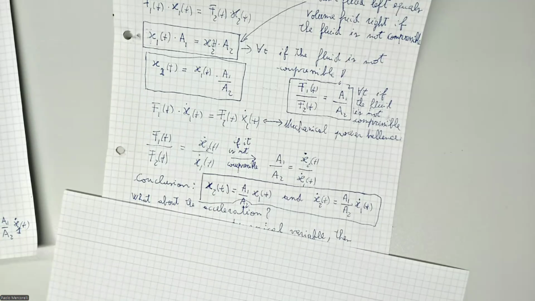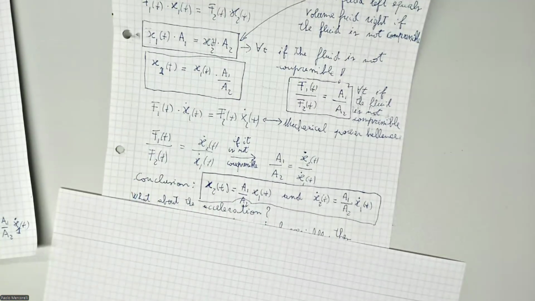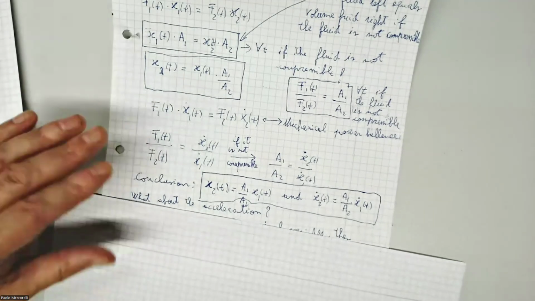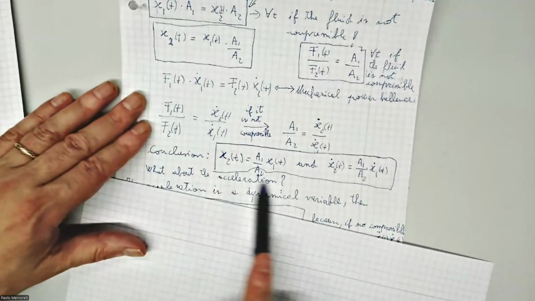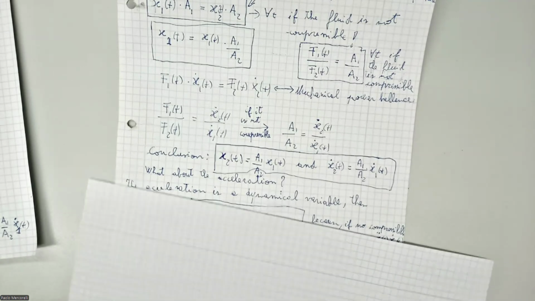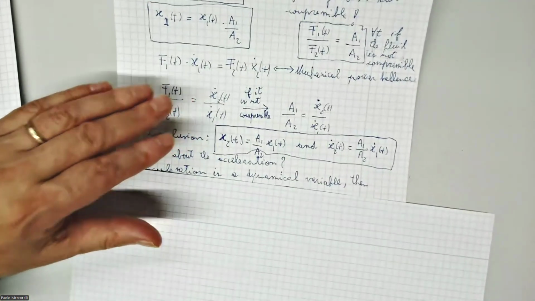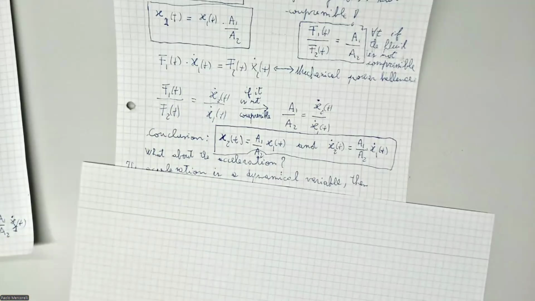But it could also be obtained if I do the derivative of this, because here we have basically a kinematic relation, no? Between, or the relationship between, position and velocity. Question: what about the acceleration? This is the problem. The acceleration is a dynamical variable, it's not a kinematical one. This means I have to consider the balance, the dynamical balance.